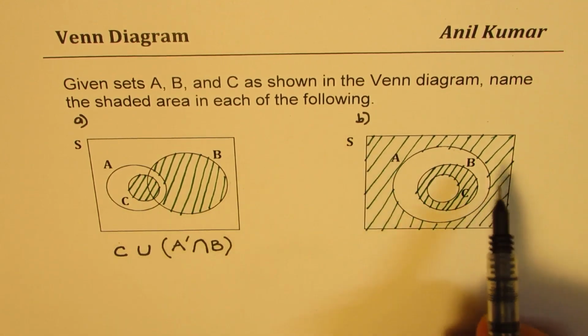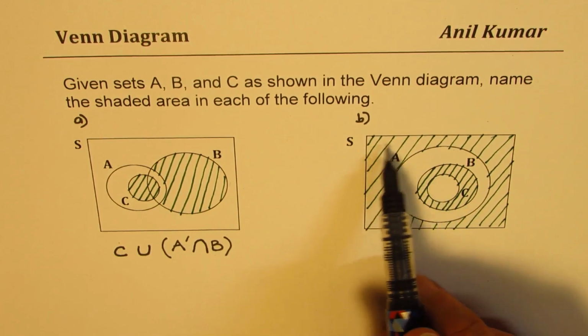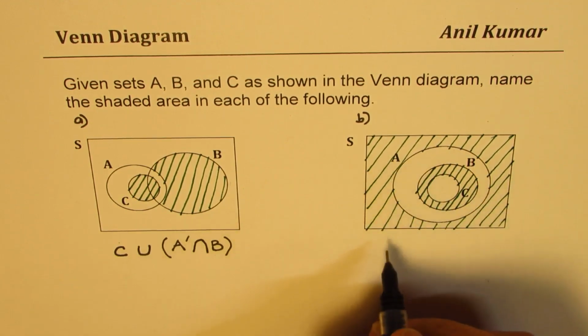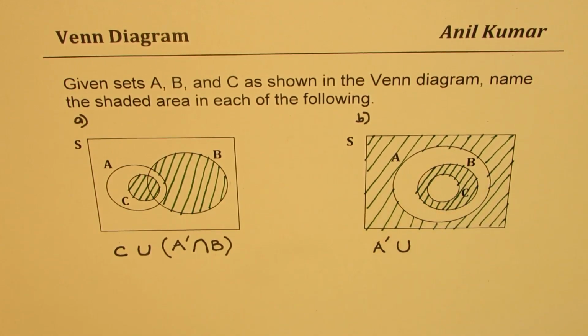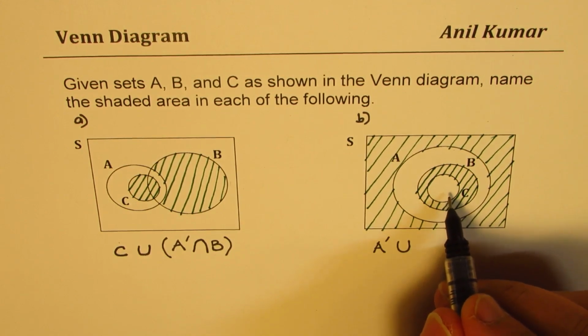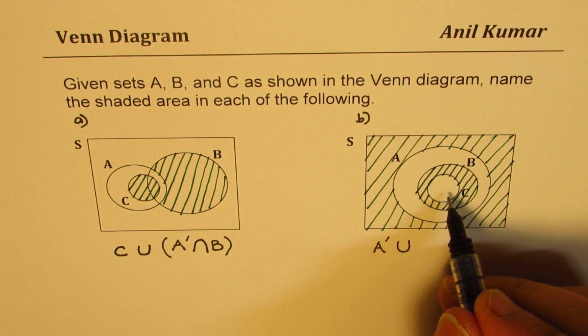Now in B, how will you name it? We have complement of A, everything outside A has been shaded, right? So clearly it's union of complement of A with something inside. And what is this inside shaded? Now inside does not include C, but it includes everything in B, not C, right?